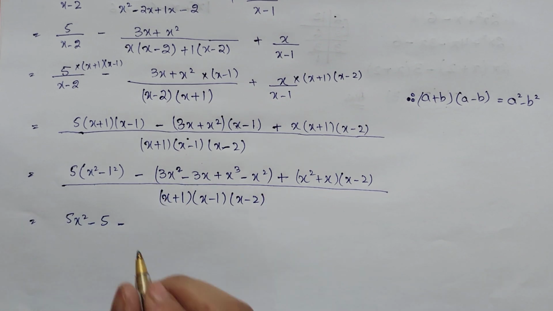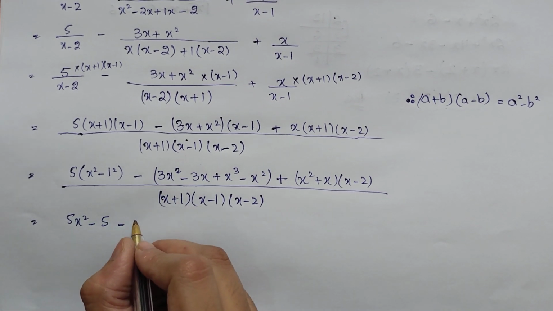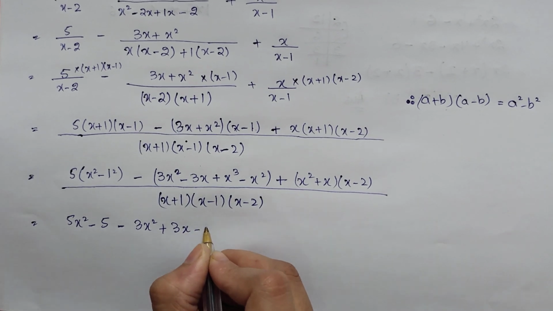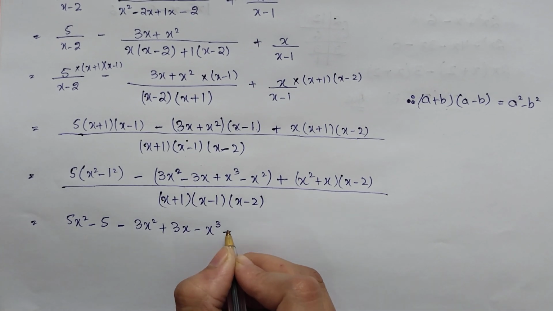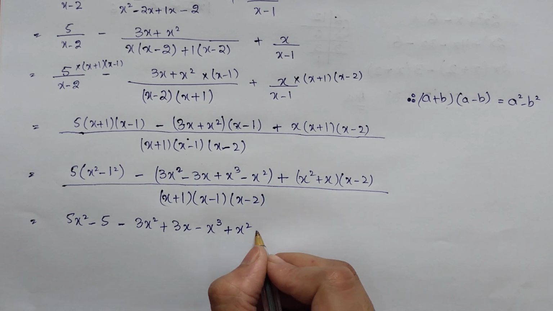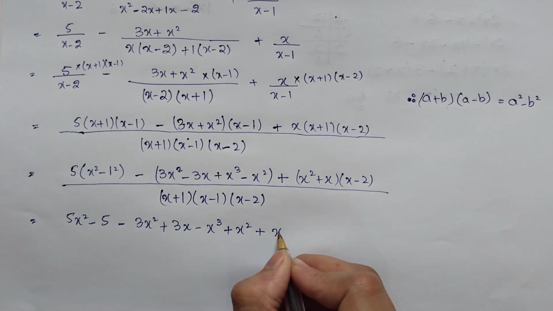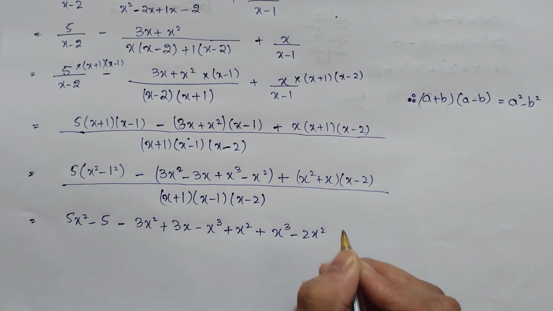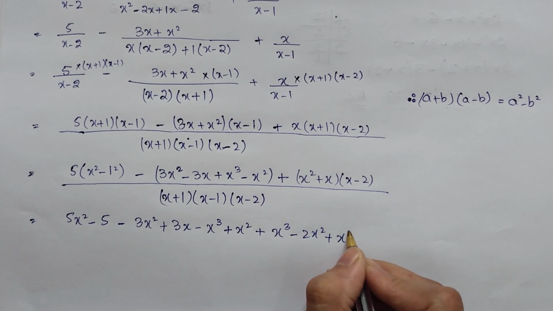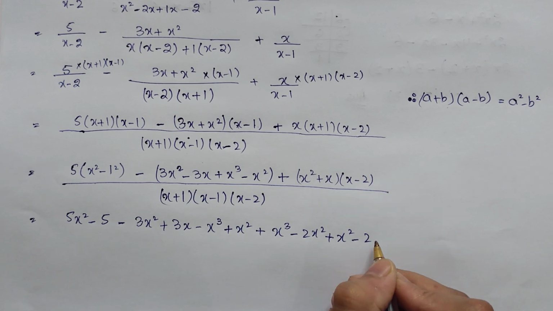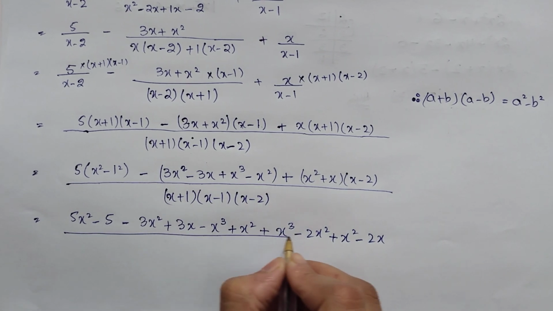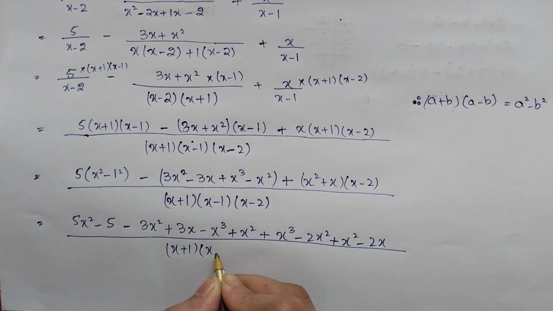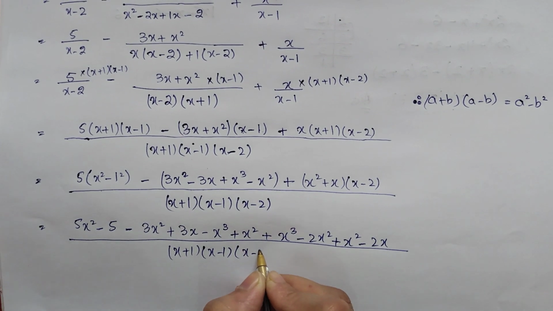Minus, open this bracket: 3x square minus minus plus 3x plus minus minus x cube, and minus minus plus x square, plus multiply these terms: x square with x is x cube, x square with 2 is minus 2x square, plus x into x is x square, and plus minus minus 2x, over these three terms, x plus 1, x minus 1 and x minus 2.